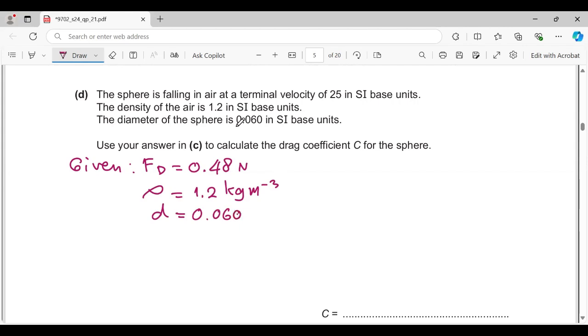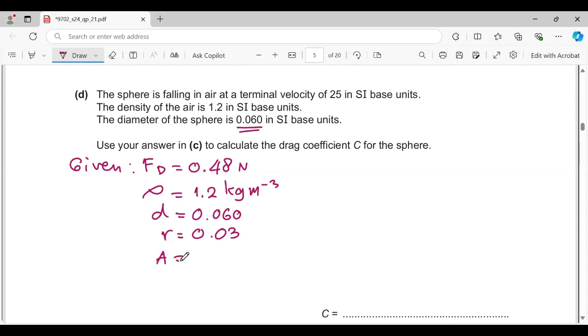So the radius is half of the diameter, which becomes 0.03.